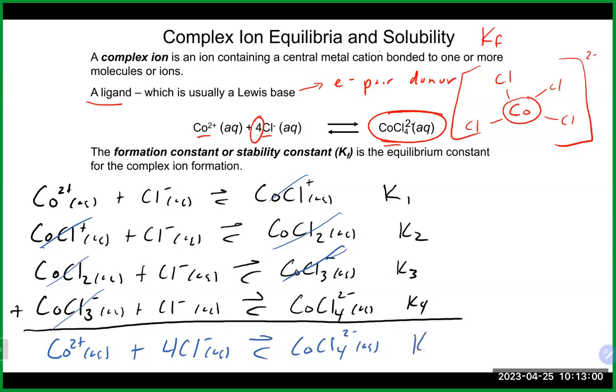By the way, the Kf value, if we did have this information given to us, what do we do with all these K values now that we added these together? We do multiply them, yes? K1 times K2 times K3 times K4, right? So a reminder that when you add together equilibrium reactions, you multiply the K values together, you don't add them. Any questions on that?